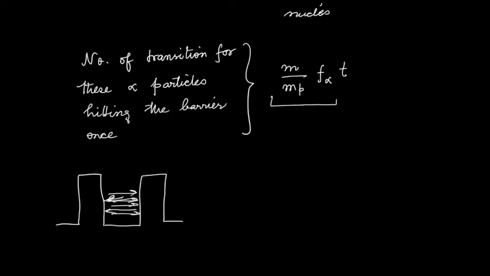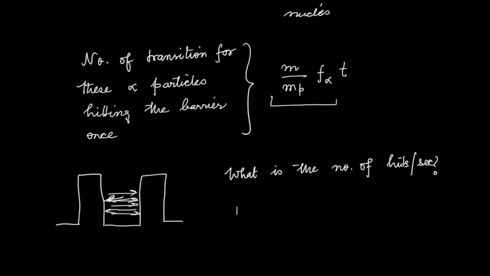But we can also ask the question, roughly speaking, what will be the number of hits per second, obviously? How do I calculate it? Well, I use the uncertainty principle.